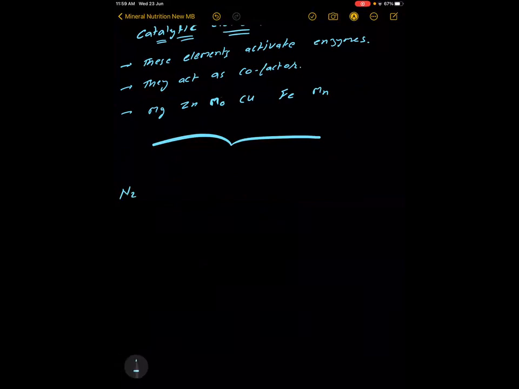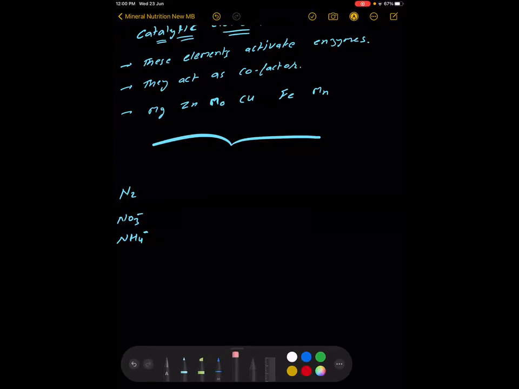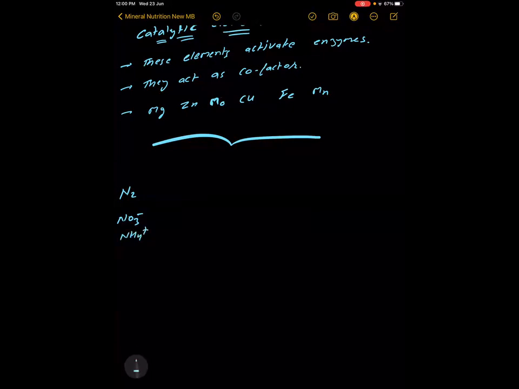Nitrogen is absorbed as NO3, the nitrate ion, or NH4, the ammonium ion.